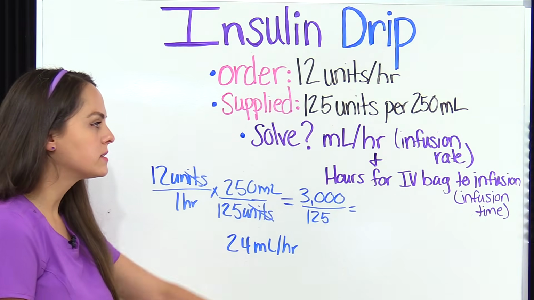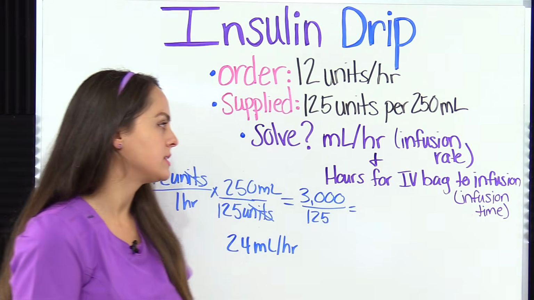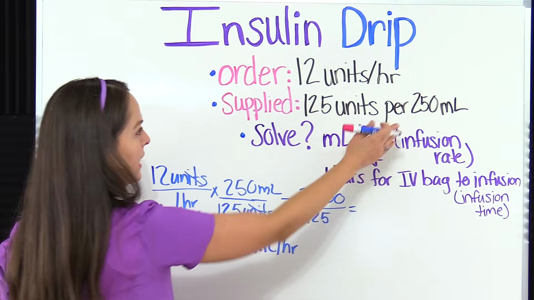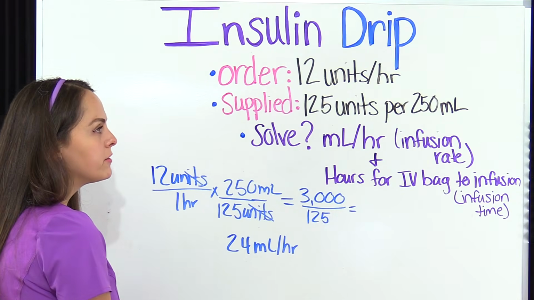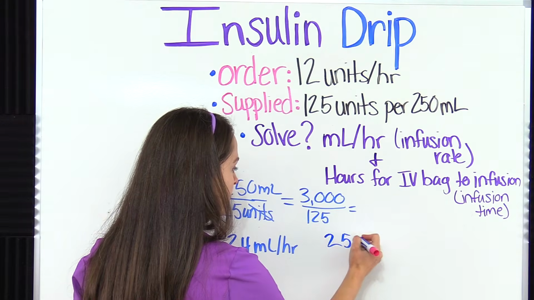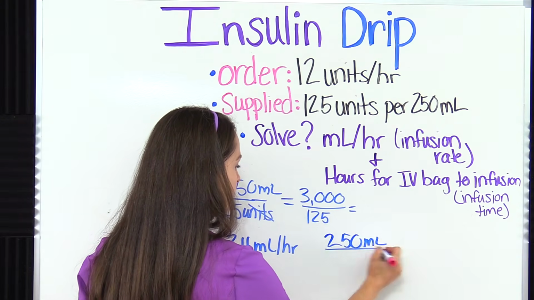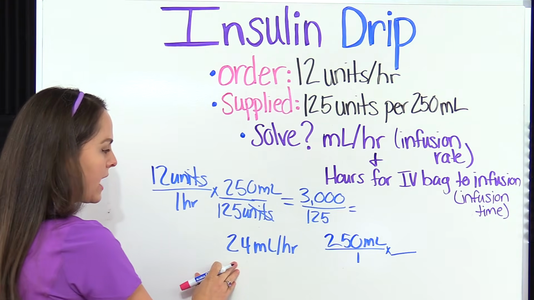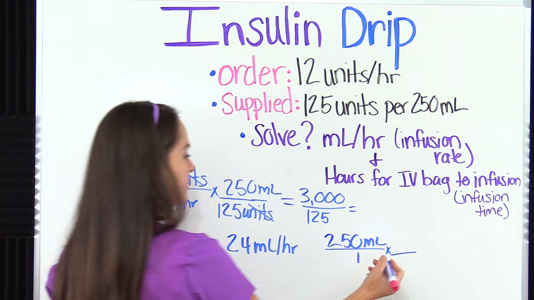But now we need to solve for our infusion time. So what we're going to do is look, how big is our bag? We have a 250 mL bag. So 250 mLs is our bag, and we are going to infuse at 24 mLs per hour.